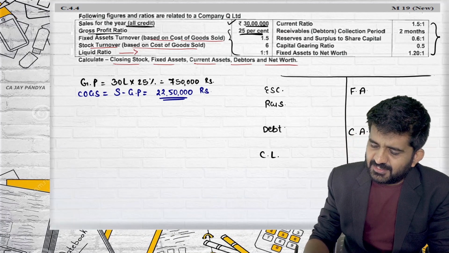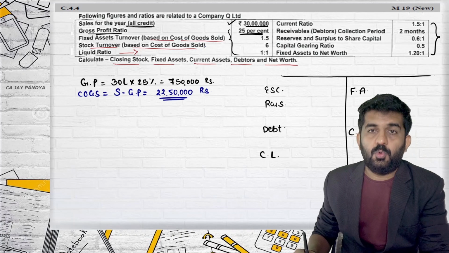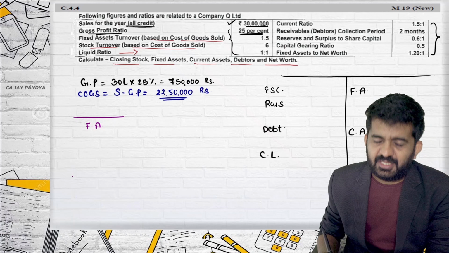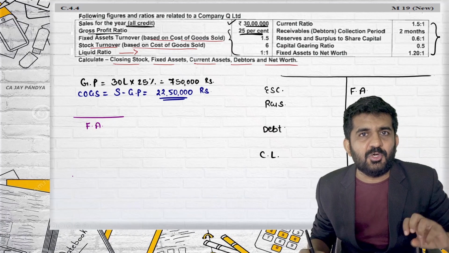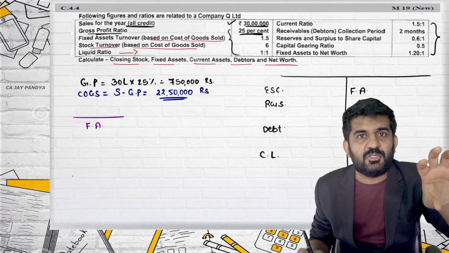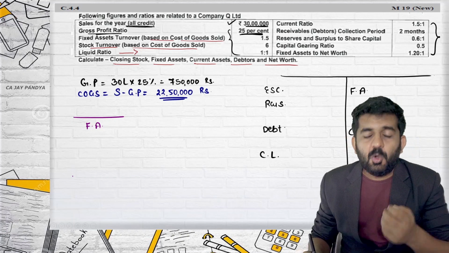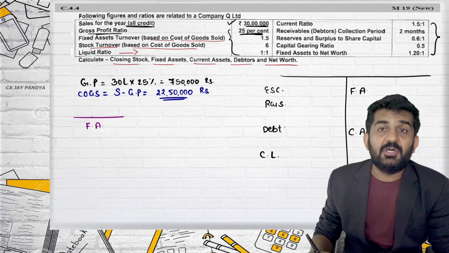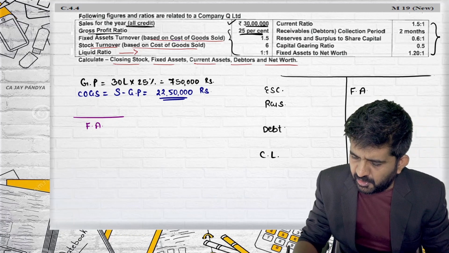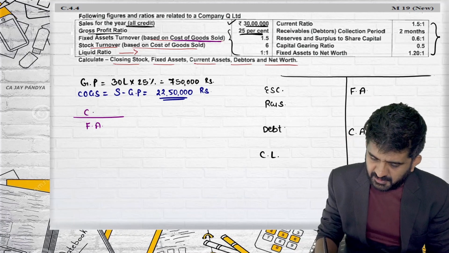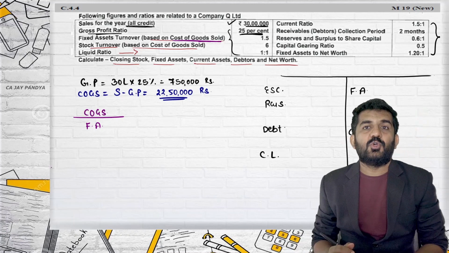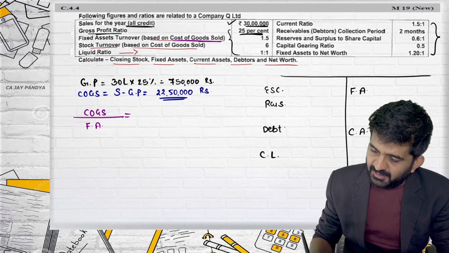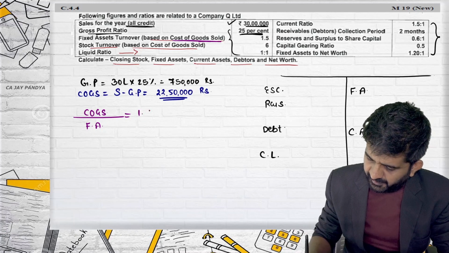Next, fixed asset turnover ratio. Now what is fixed asset turnover ratio? In the denominator there will be fixed asset. We know turnover ratio: if you are finding out fixed asset turnover ratio, fixed asset will be in the denominator. What will be in the numerator? Sales. But concentrate. Here it is written that it is turnover ratio not based upon sales, it is based upon COGS. So I will take COGS divided by fixed asset equal to 1.5.